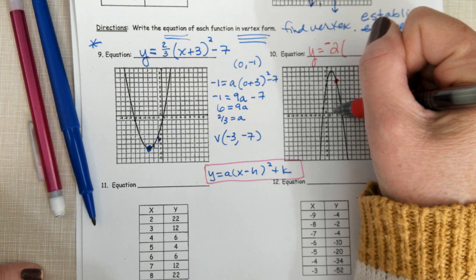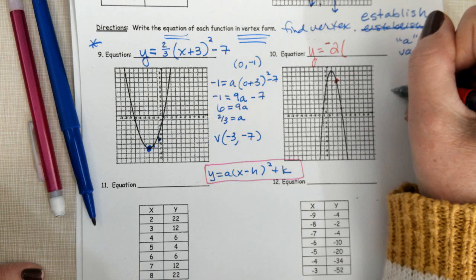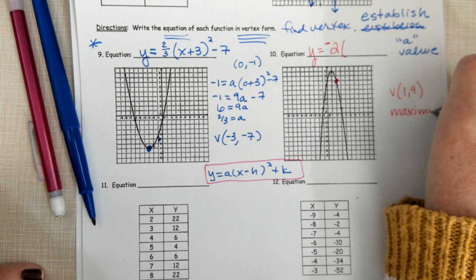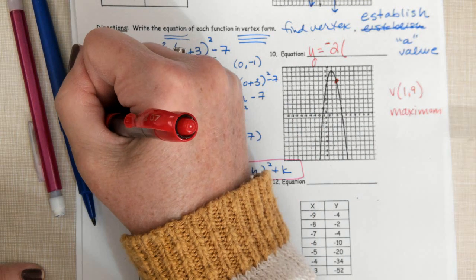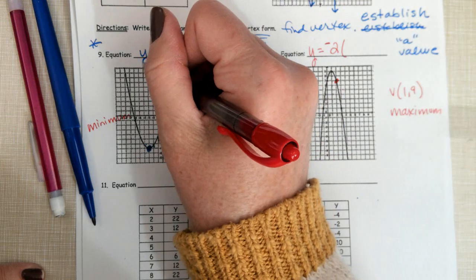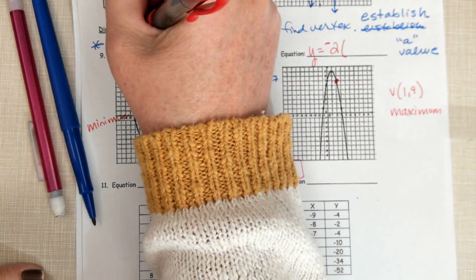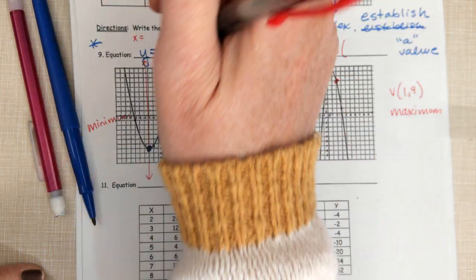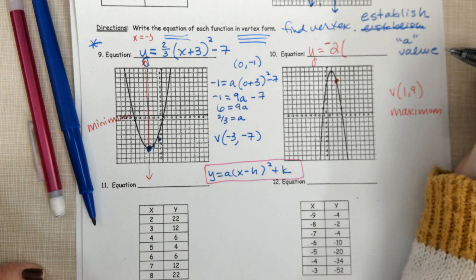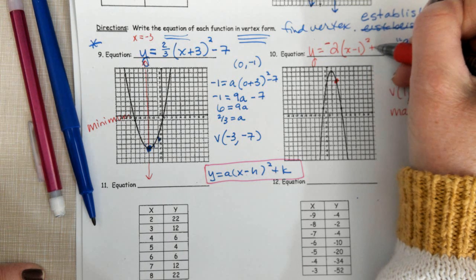I'm hoping that's 9. 1, 2, 3, 4, 5, 6, 7, 8, 9. So if the vertex is (1, 9), it's at a maximum. This vertex is at a minimum. Oh, and the axis of symmetry, I don't know if I have to do it, but might as well, right? So x equals, oh no, you just had to write the equation, but now I'm on a roll. So then it's negative 1/2 times x minus 1 squared plus 9.